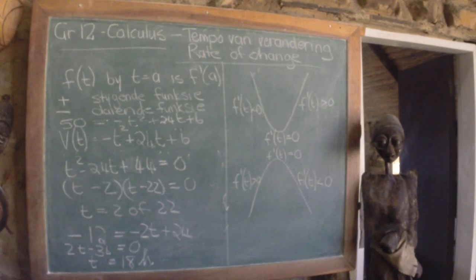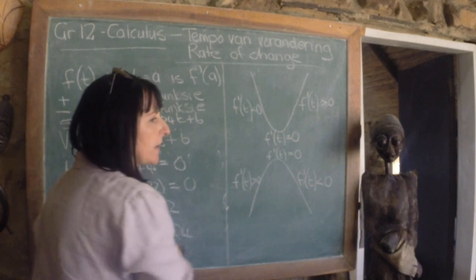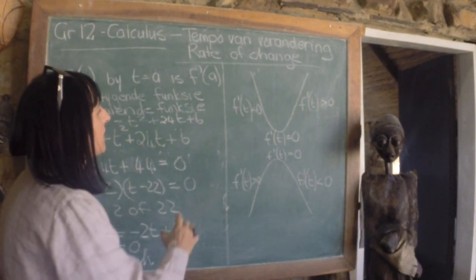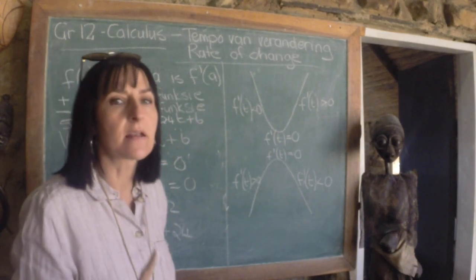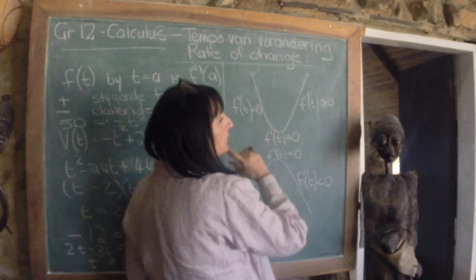Good. Let's look at how I know when I have a maximum and when I have a minimum on a function. If you get the derivative, remember, and the answer of the derivative is 0, we know we are at a stationary point, a turning point.